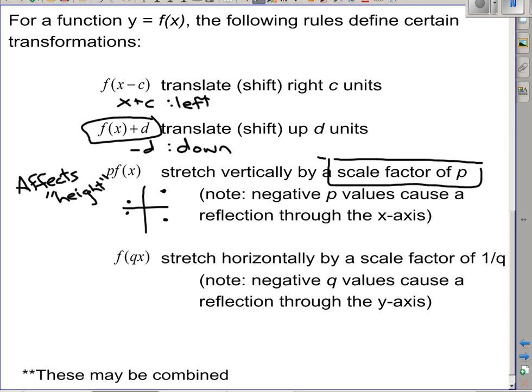f(qx), so if you just have your x variable multiplied by some number, produces a horizontal stretch by a factor of 1 over q, the reciprocal of q. Okay, so this kind of affects the width. Again, might seem strange because you might have a graph that goes forever to the left, forever to the right. A negative q is going to reflect your graph through the y-axis.